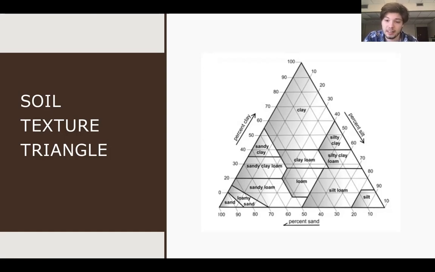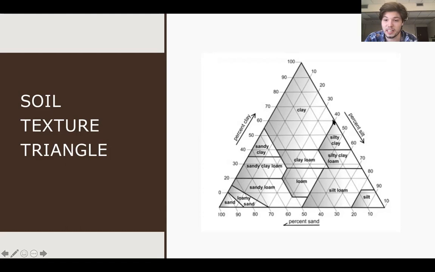So let's say that I test my soil and find out that it's 40% silt. So I'm going to come here and see that it's 40% silt, and I'm going to follow this line. Let's say that same soil is 60% clay.